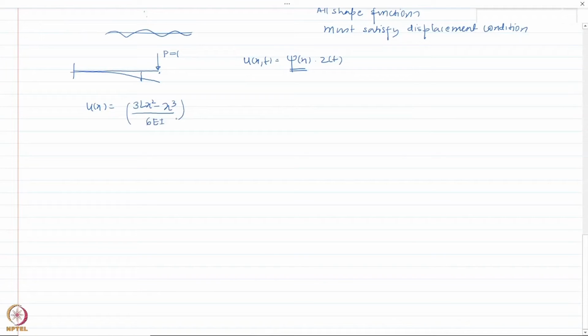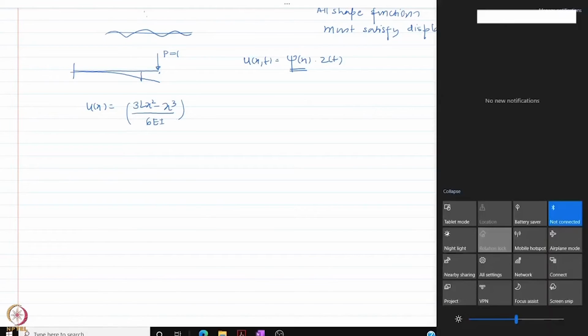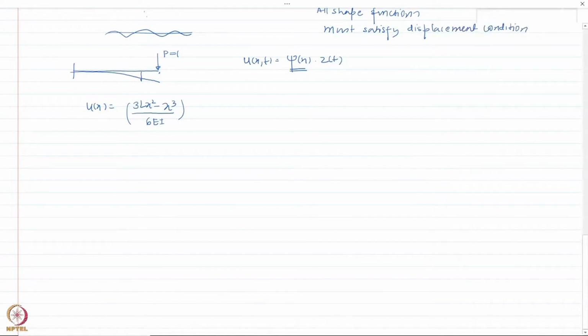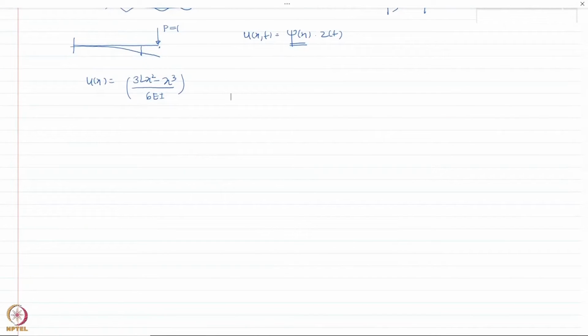However, when I represent the deflection, I'm going to write it with respect to some convenient reference point.